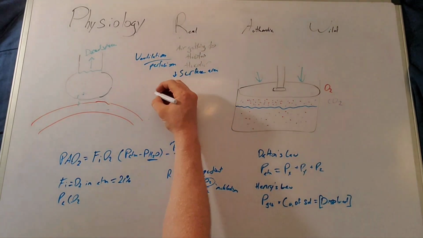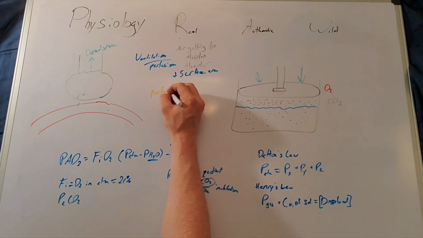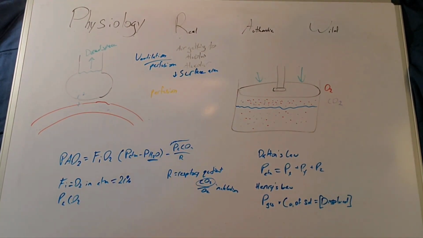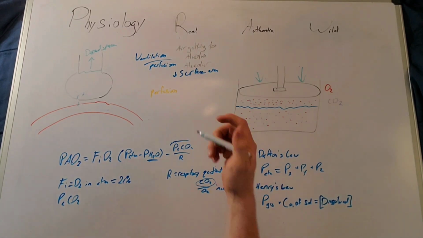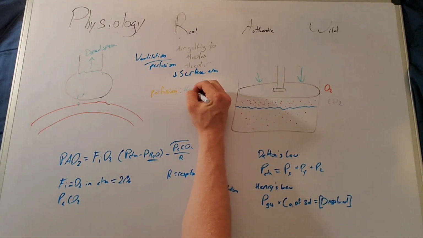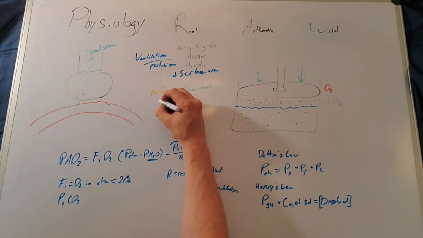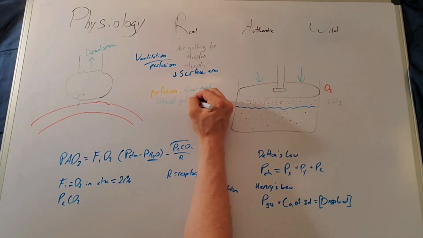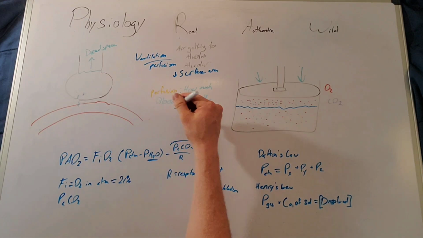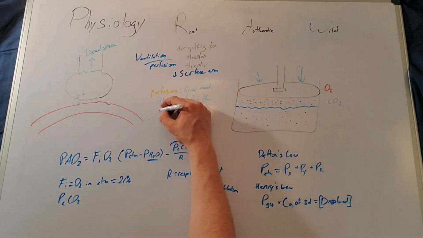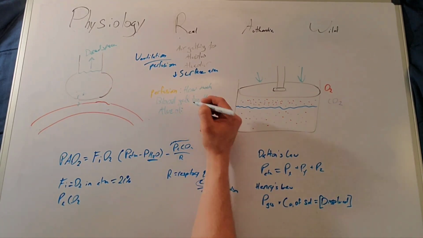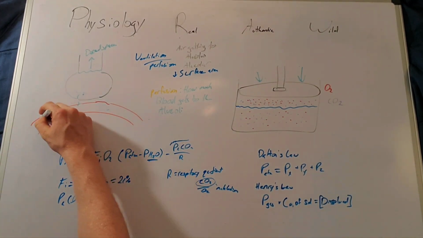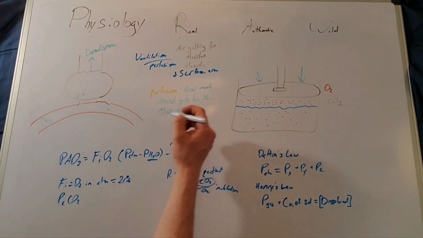And with the perfusion rate, perfusion is how much blood gets to the alveoli. Can you see that even? Barely. And so if we got some kind of blockage over here, that will reduce it.